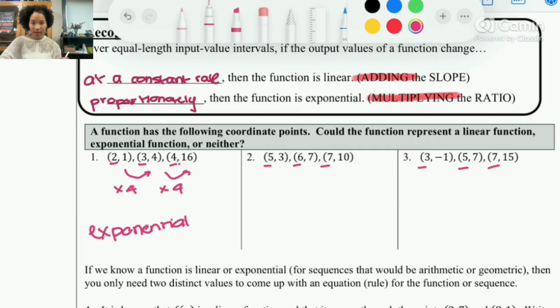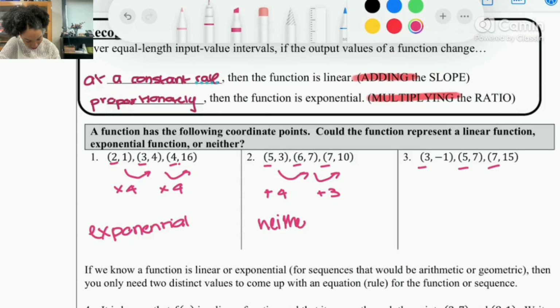The next one, the output values are changing by +4 and +3. So that's going to be neither, because it's not changing at a constant rate. So it can't be linear, but it's also not being multiplied, so it can't be proportionate.